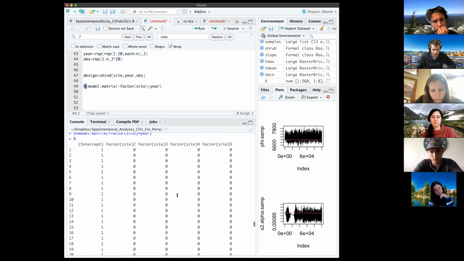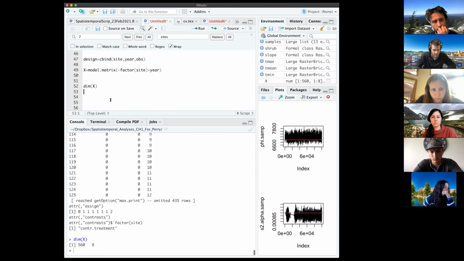Let me look at the dimensions of this, make sure it's correct. 560 by 8, which is exactly what we want to simulate our data.